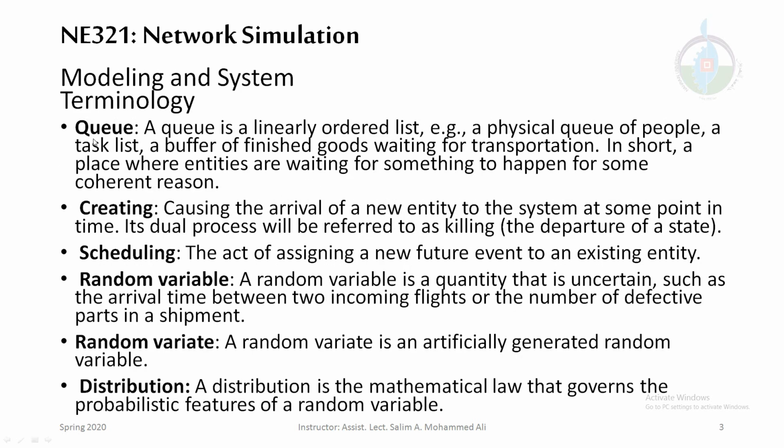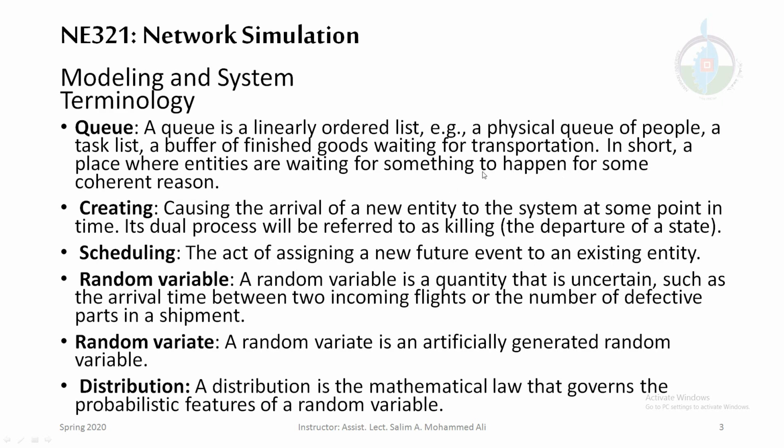The fourth term is a queue. You are familiar with a queue. A queue is a linearly ordered list. A physical queue of people, for example, a task list, a buffer of finished goods waiting for transportation. They all can be defined as queues. In short, a place where entities are waiting for something to happen for some coherent reason.